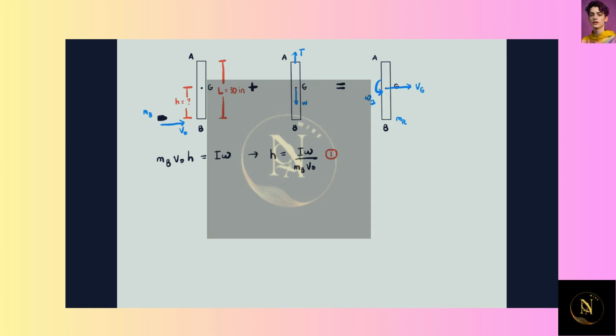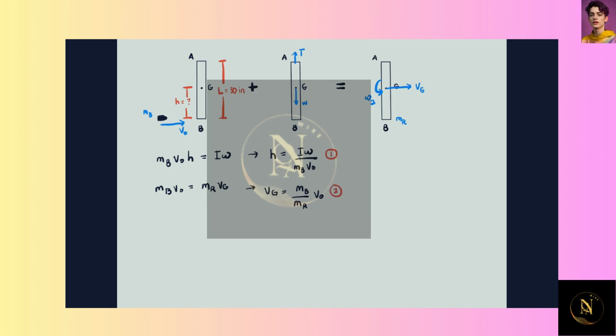Now we can also write an equation for the linear momentum along x. Along x, it would be mb V sub O equals mr Vg. Rearranging the equation to get an expression for Vg, we get Vg equals mb over mr times V sub O. This is our equation number 2.